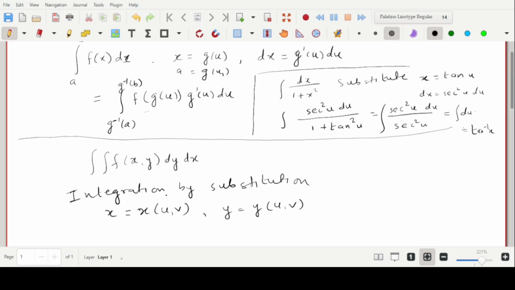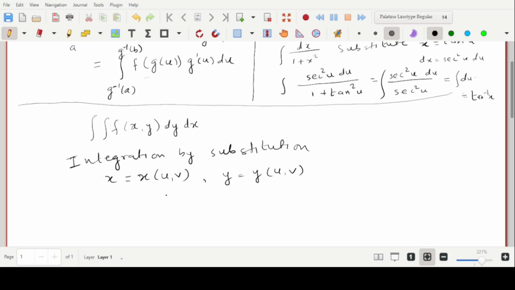So we are defining two new variables u and v, and x depends on u, v and y also depends on u, v. Those functions we can call g and h if we want, but we don't want to unnecessarily introduce new variables, so we shall just call those functions also by x and y.